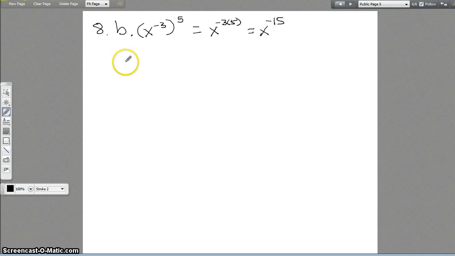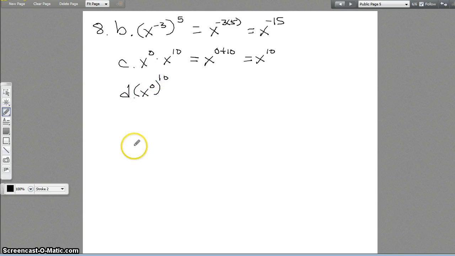Okay, part C, we have x to the 0 times x to the 10. This time we are multiplying numbers with exponents. When we multiply numbers with exponents, we add the exponents. So this is x to the 0 plus 10, and that is x to the 10. Okay, part D, we have x to the 0 raised to the 10th power.